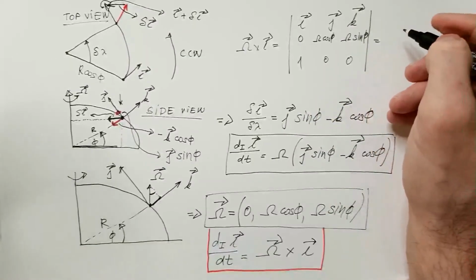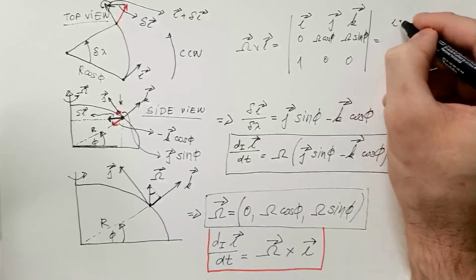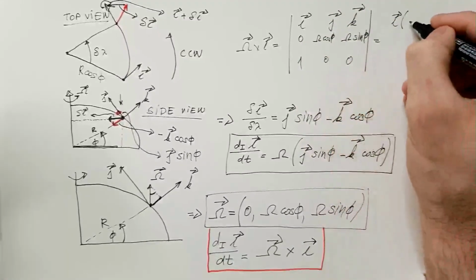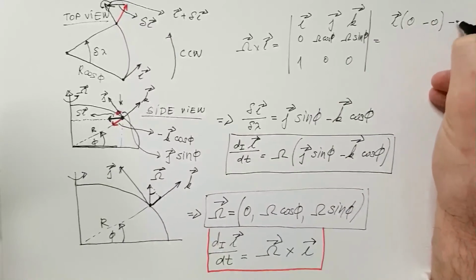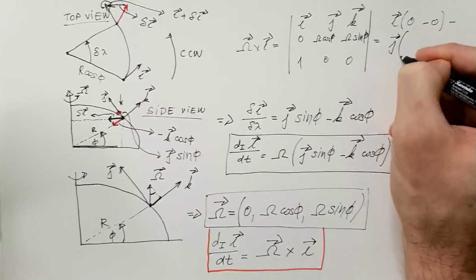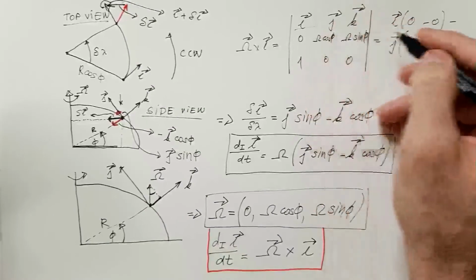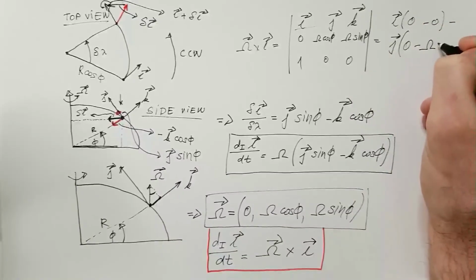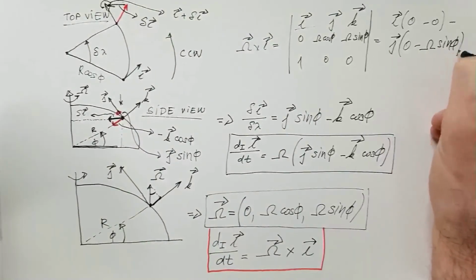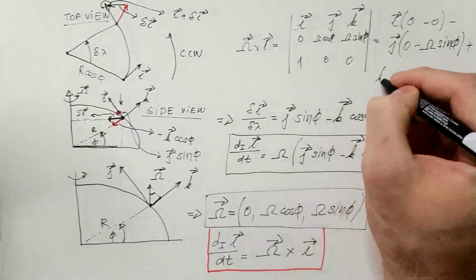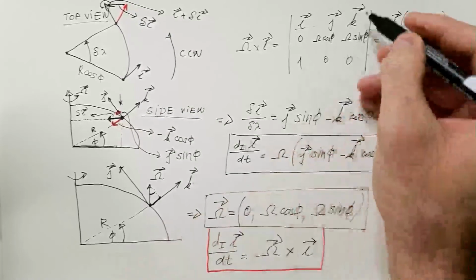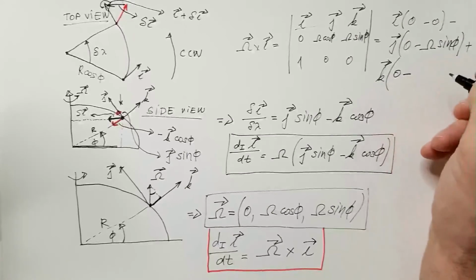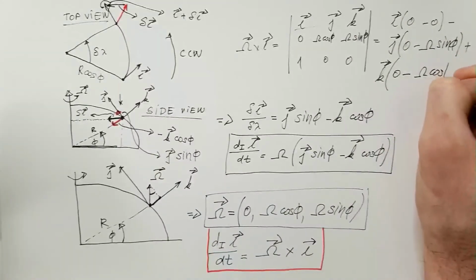And now I solve this determinant. In the i direction, I have 0 minus 0. Minus, in the j direction, I have 0 minus this times this, which is omega sine phi. Plus, in the k direction, I cross this column and this row, I have 0 minus omega cosine phi.